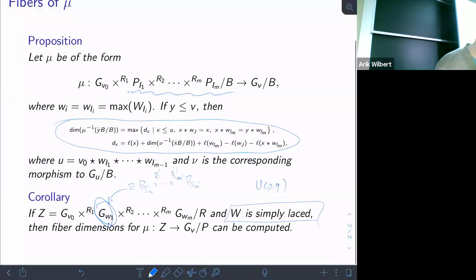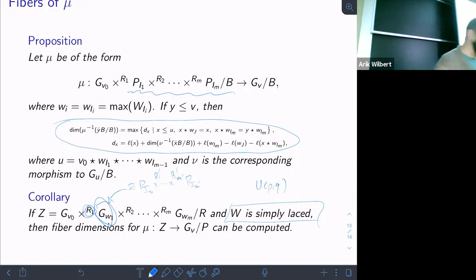This is where it's essential to make sure the quotient is still well defined. You have to make sure that you can replace it equivariantly. Using this, you can describe all of the fiber dimensions of any of these resolutions.